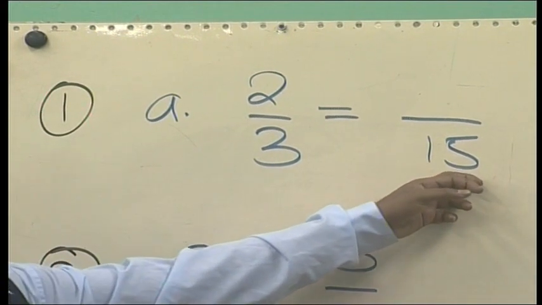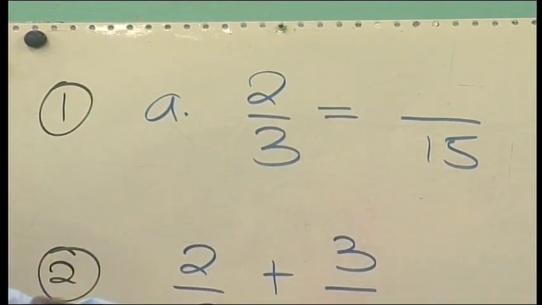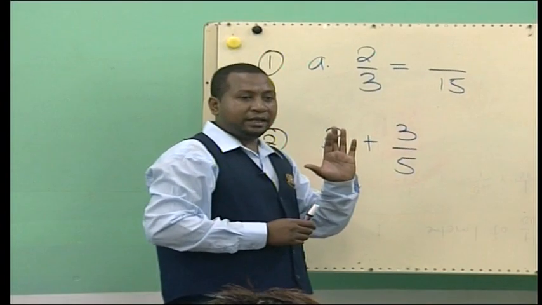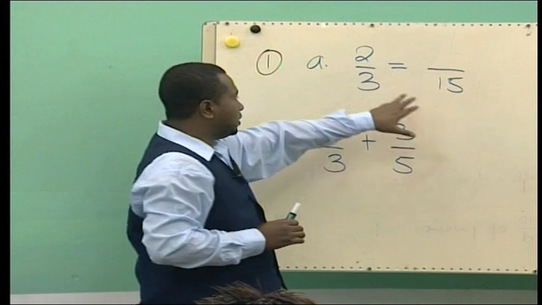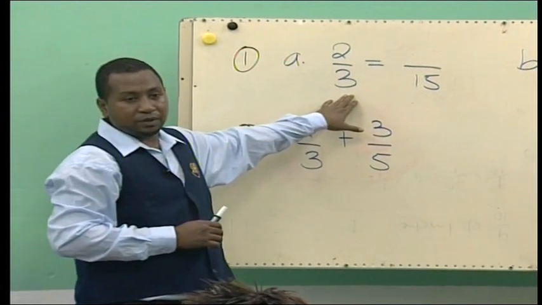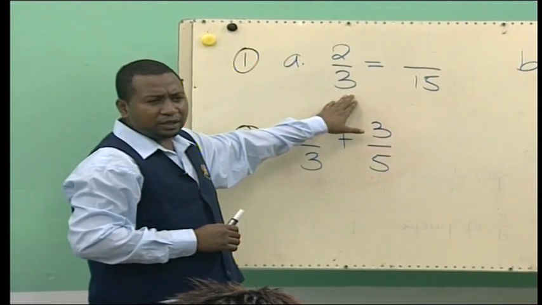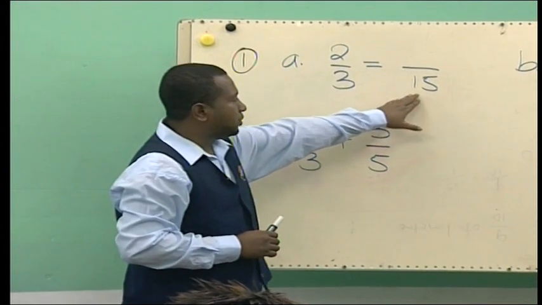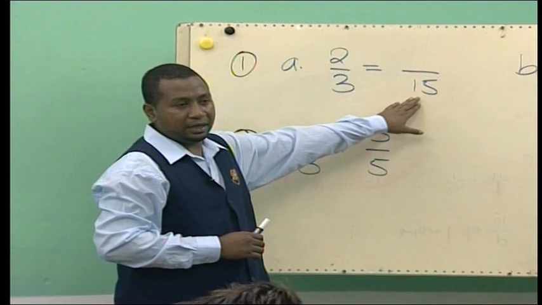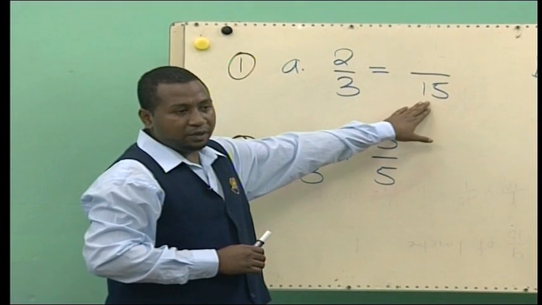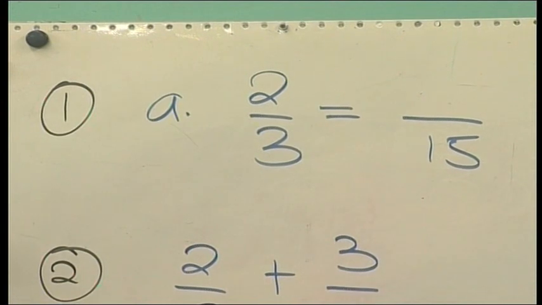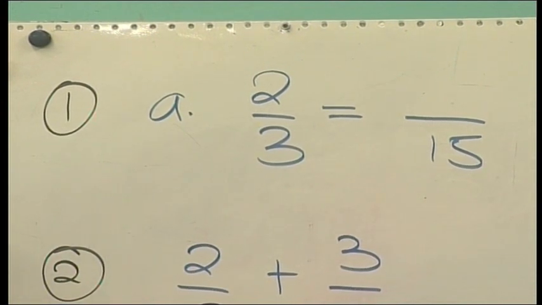If the denominator is 15, then what should be our numerator? The fraction will make it an equivalent fraction to 2/3. So for 2/3, what is the equivalent fraction with the denominator 15? Remember, we did discuss the steps on how we can find our equivalent fractions.